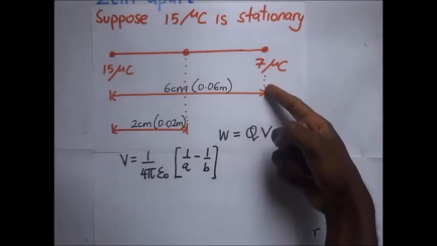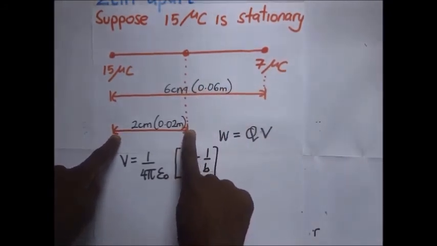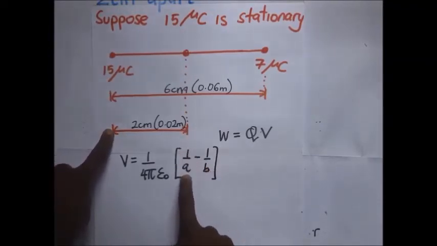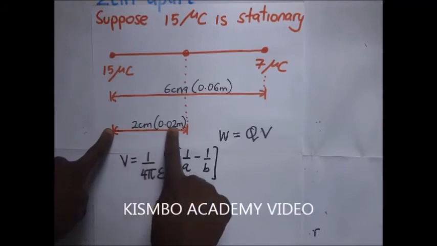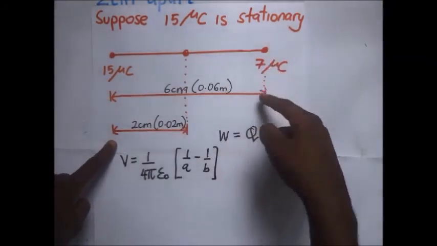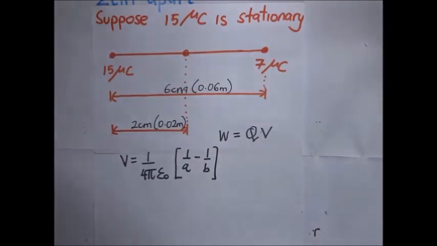If this charge has moved to 2 centimeters apart, A is going to be 2 centimeters, which is 0.02 meters, and our value of B is the longer distance, where the charge has come from, which is 0.06 meters.